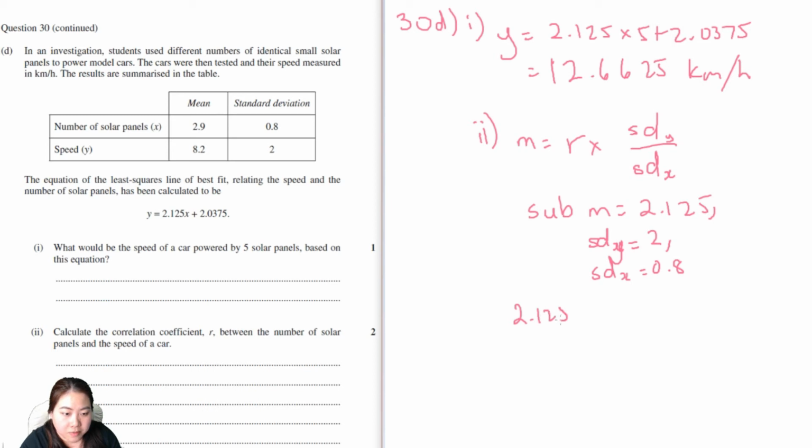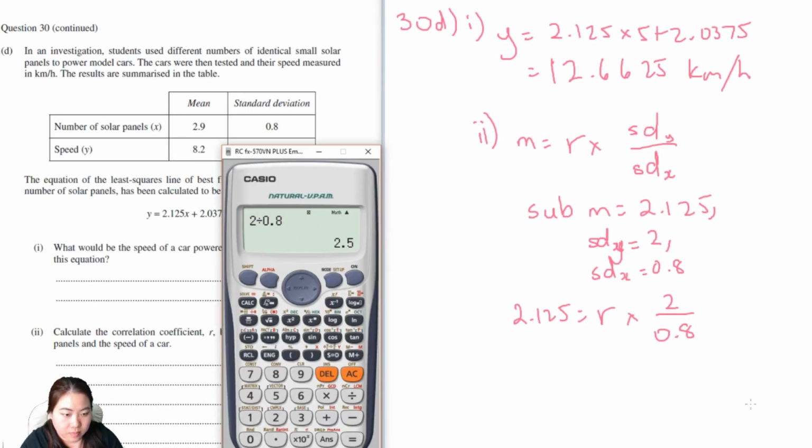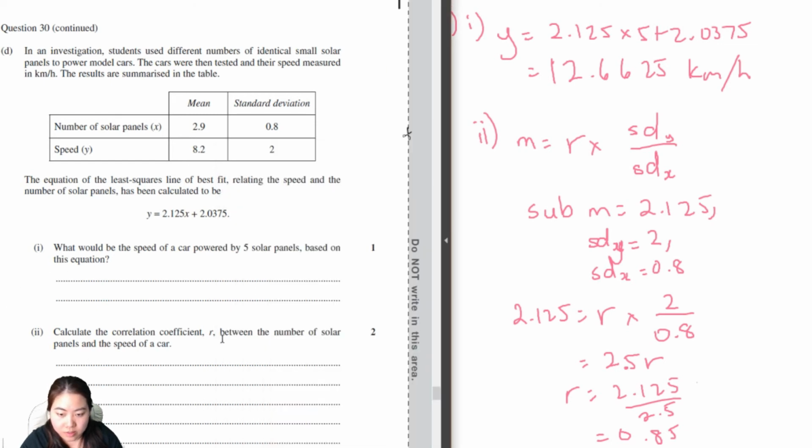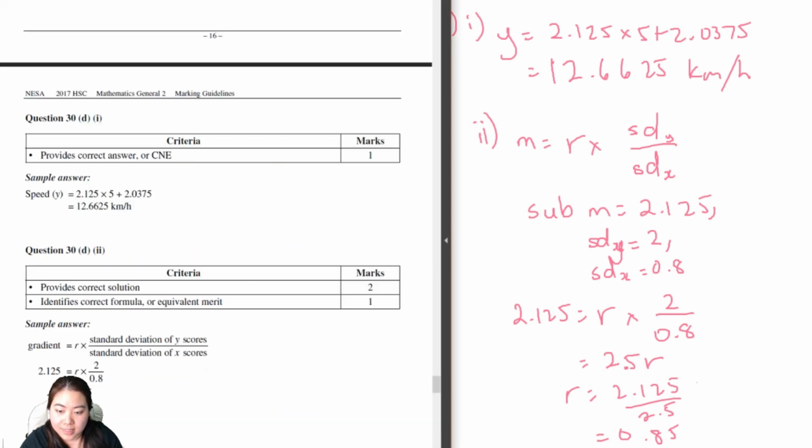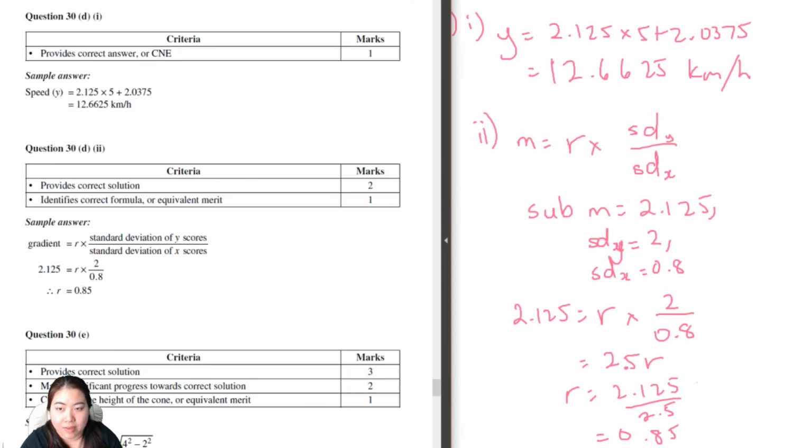Okay, 2.125 equals r times 2 over 0.8, which is equal to 2.5 r. Then r is gonna equal 0.85, and that is the correlation coefficient. Let's see. 0.85. Excellent.